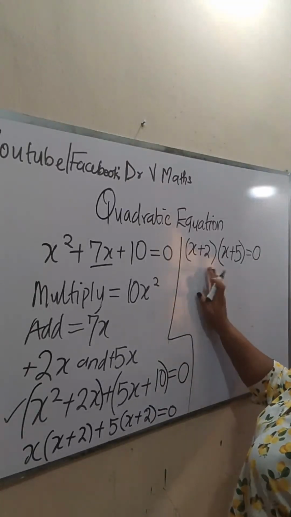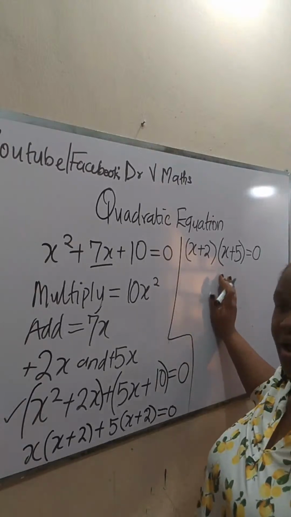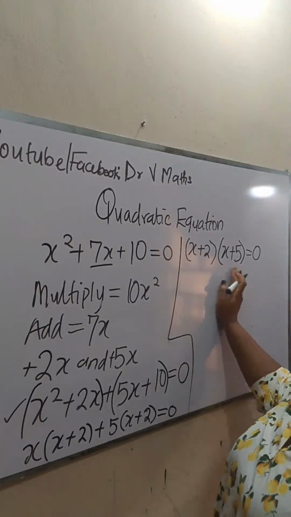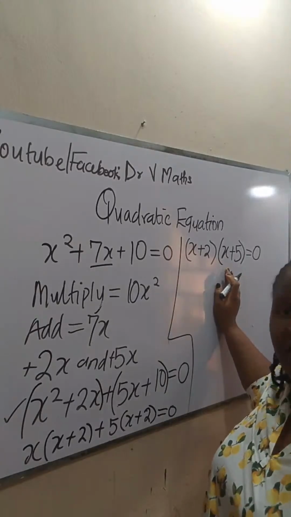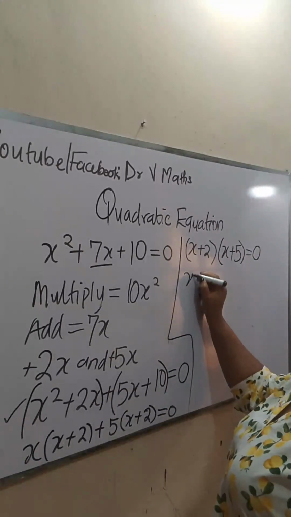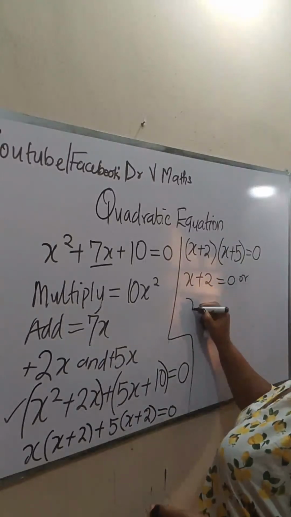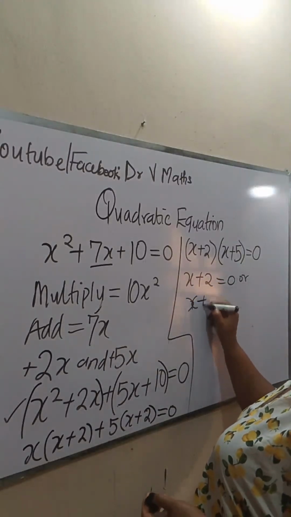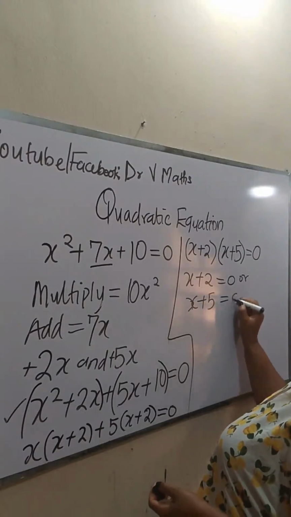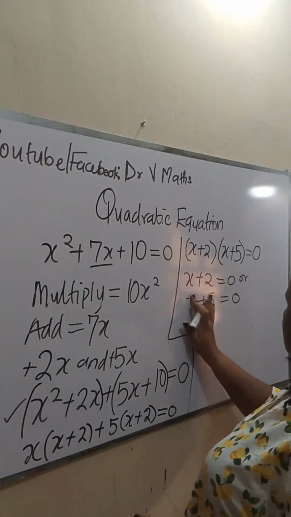So, like I said, when you have two parentheses multiplying each other and the answer is 0, it simply says that either of the brackets is 0. So we equate either of them to 0: x plus 2 is equal to 0, or x plus 5 is equal to 0. Okay.